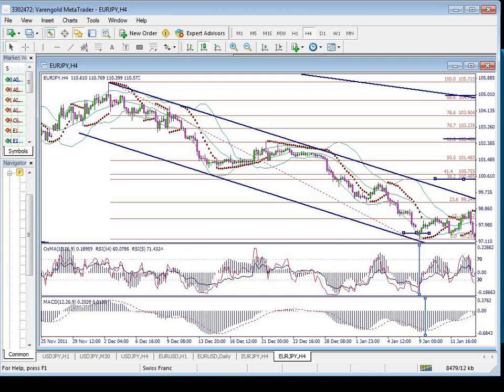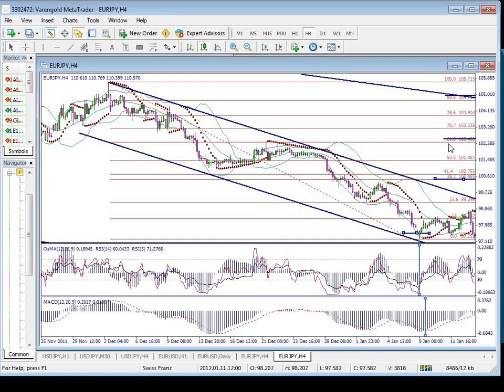Christina, when you have more than one target, what do you do when the first target is reached? Actually, I'm pointing those targets because in those areas the pairs are starting to make swings. 38.2 is a well-known Fibo level that is preset on the platform.